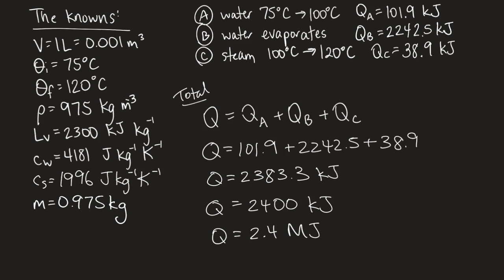Legally in the UK, the largest mass of lorry that's allowed on the roads is 44 tons or 44,000 kilograms. So let's say it's a little bit under that maximum weight and it's 40,000 kilograms.